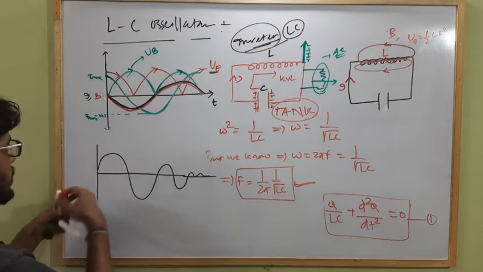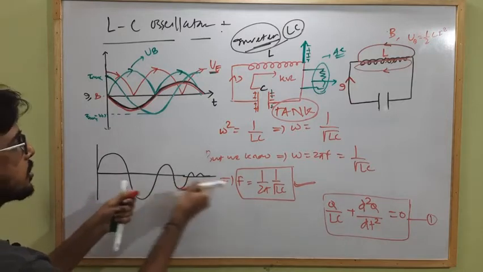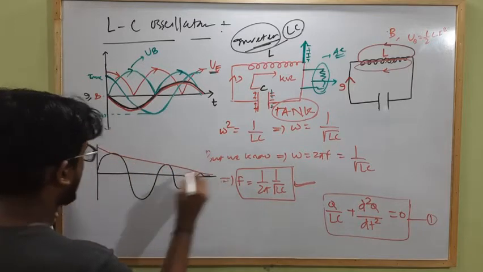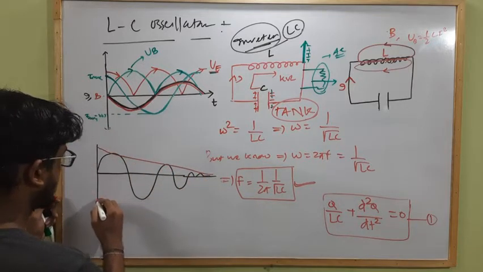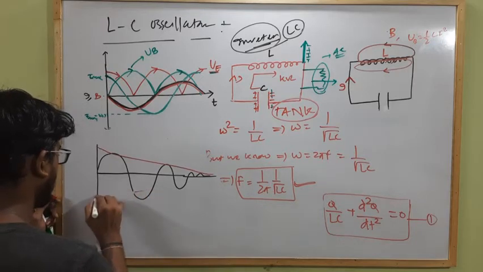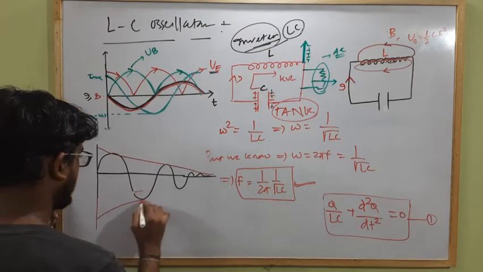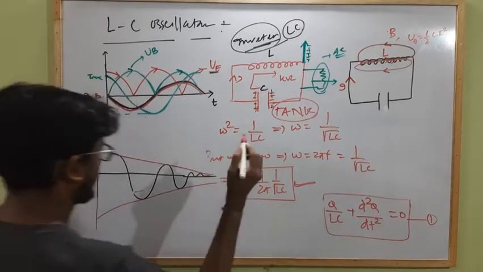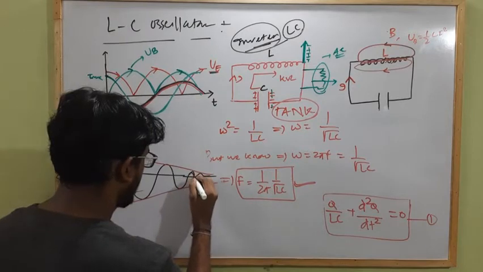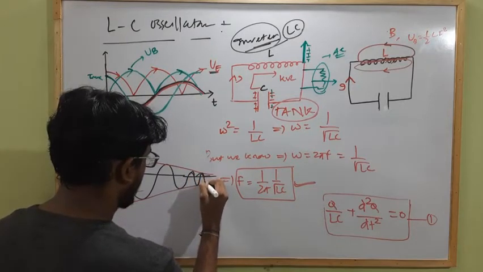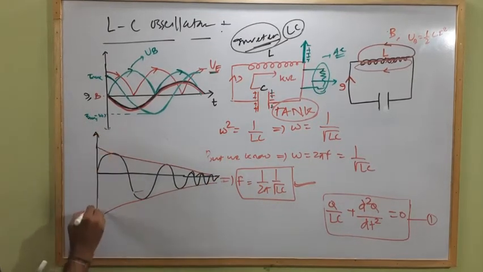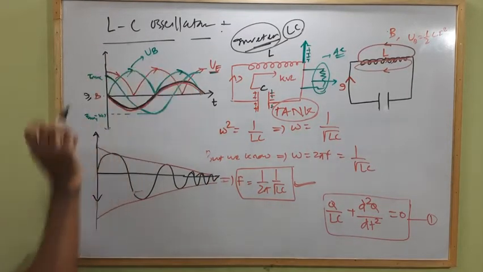So the graph will be like this, and the oscillation is a damped oscillation. These are damped oscillations. This is not happening forever.